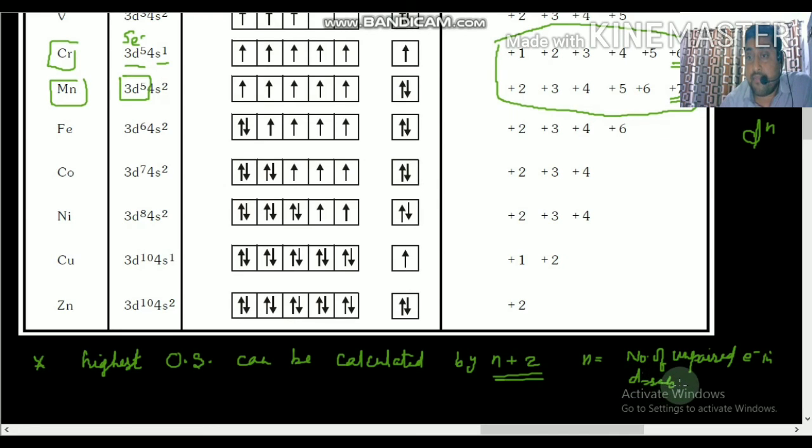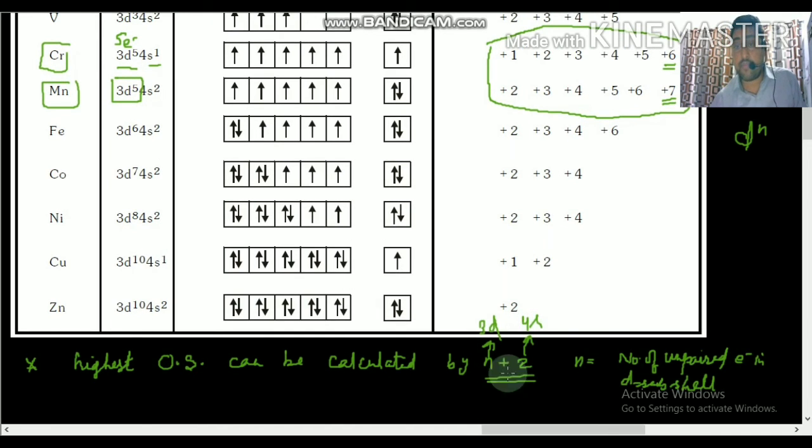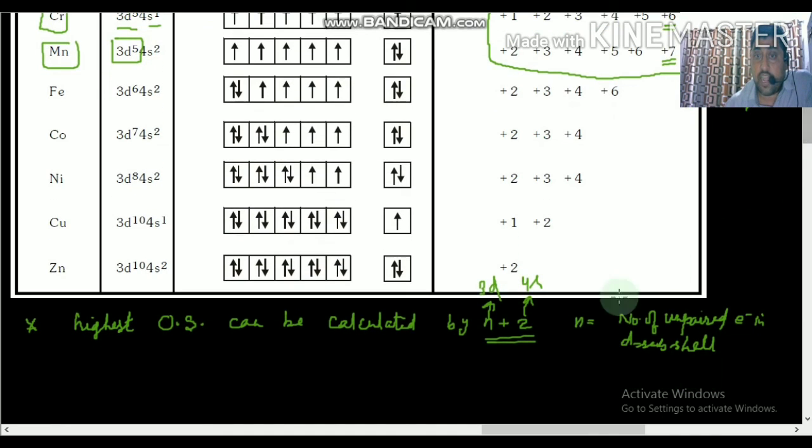How many unpaired electrons are there in the d subshell? In the middle, 5, 5, 5. So by the number of unpaired electrons in 3d, and these are the electrons of 4s, you can get the maximum or highest oxidation state.